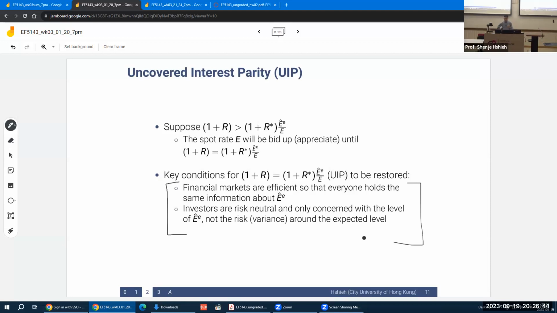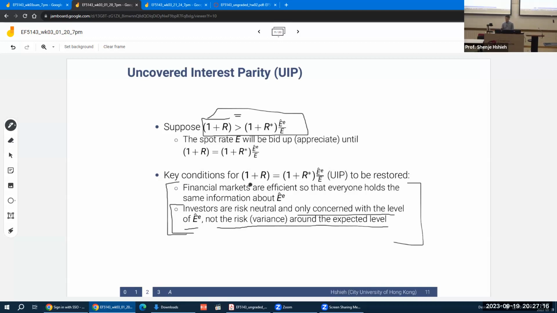Number two, investors are risk neutral and only concerned with the level of E and not the risk around the expected value. What that means is that investors should only focus on the violations of UIP and have incentives to engage in carry trade to close the gap.